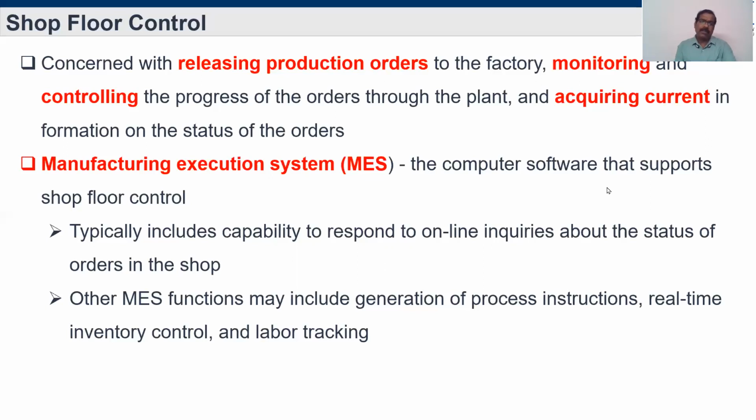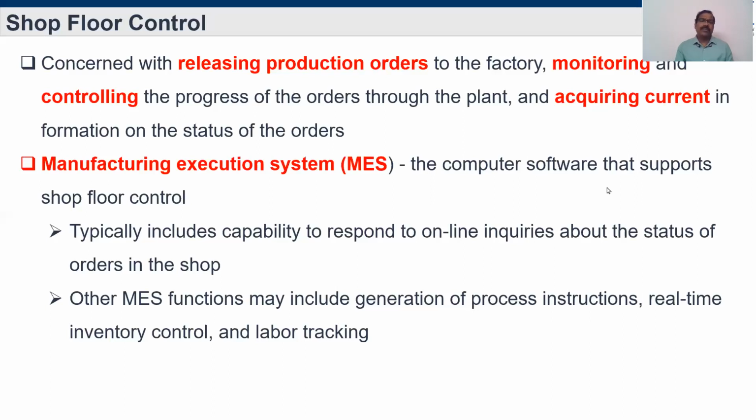Collecting data is essential, because without collecting data we can't do the control. We have to understand what is happening, and only then can we correct it. So controlling means collecting what is happening inside the manufacturing based on the production order. This is what shop floor control is all about.